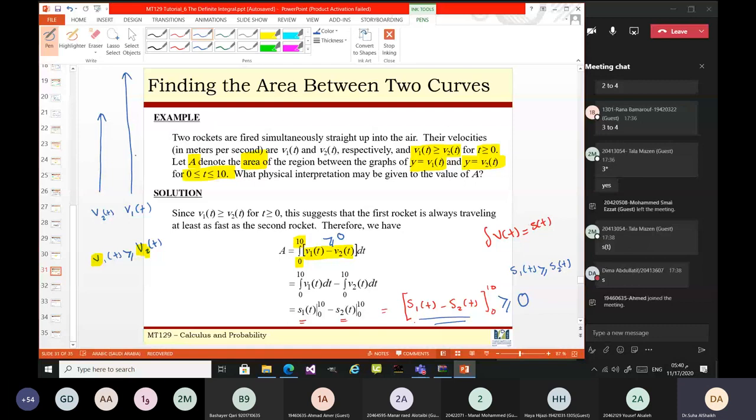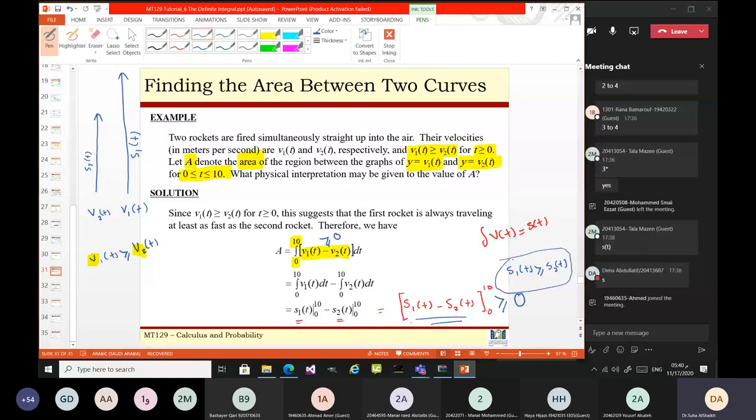What is S1 of t? S1 of t is how far rocket 1 goes up in the air. And what is S2 of t? It is how far in the air rocket 2 will go. So what does this mean? It means that rocket 1 will always travel a distance greater than rocket 2, which means it goes farther in the air than rocket 2.